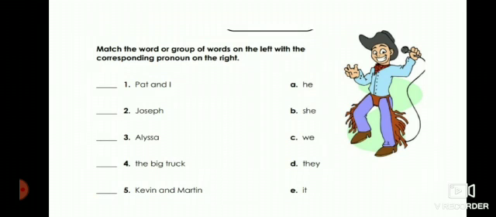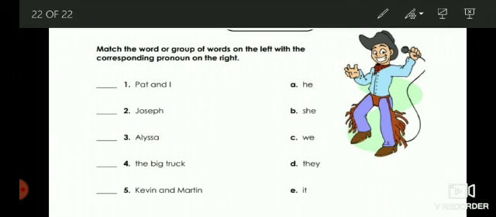Are you clear, children? When do we use he, she, it, they? Okay, match the word or group of words on the left with the corresponding pronoun on the right. See, children, Pat and I. Here, one thing you have to remember: if you include yourself in that group, you have to use we. For other two persons, you have to use they.